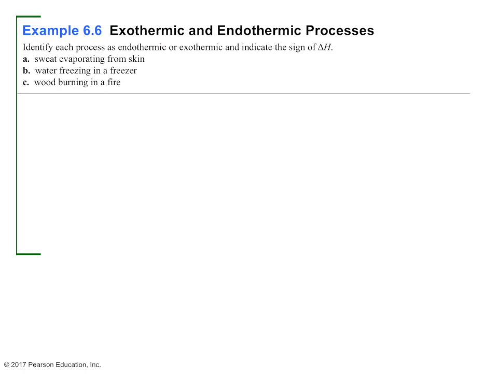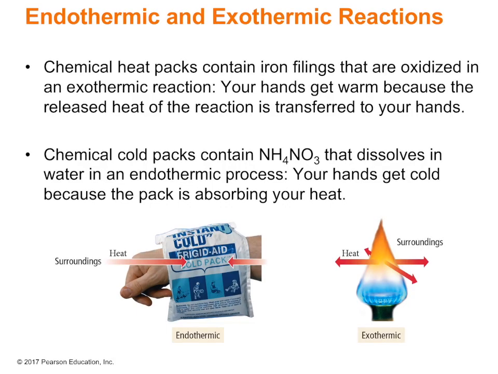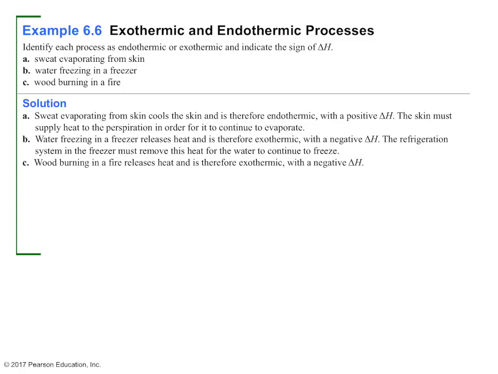It says, identify each process as endothermic or exothermic to indicate the sign of delta H: sweat evaporating from skin, water freezing in a freezer, or wood burning in a fire. Sweat evaporating from the skin cools the skin and is therefore endothermic with a positive delta H. The skin must supply the heat to the perspiration in order for it to continue to evaporate. Water freezing in a freezer releases heat and is therefore exothermic.